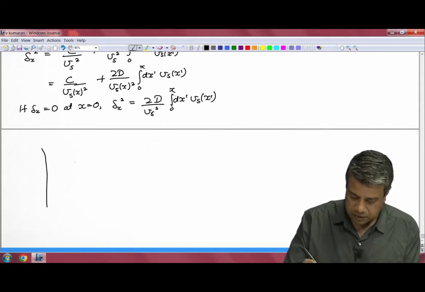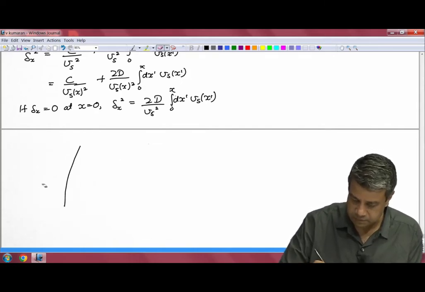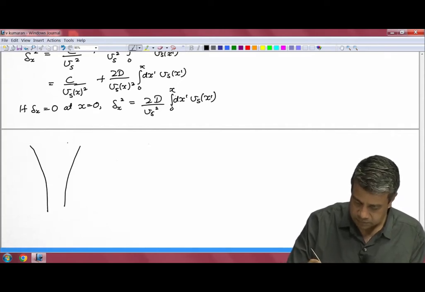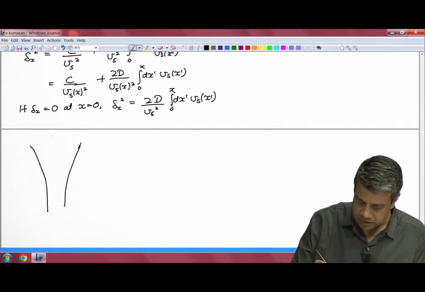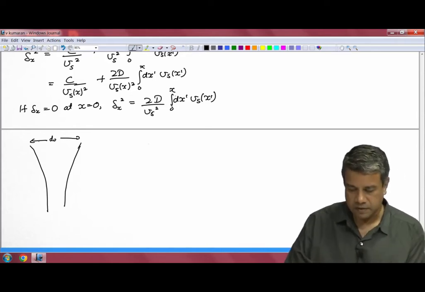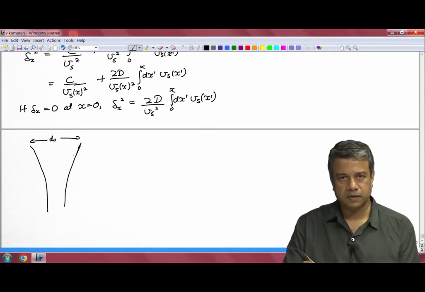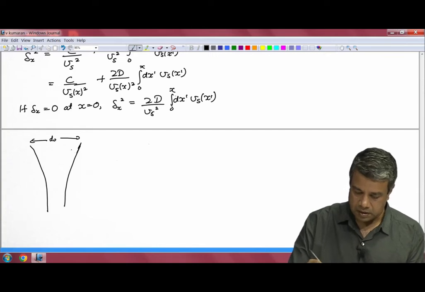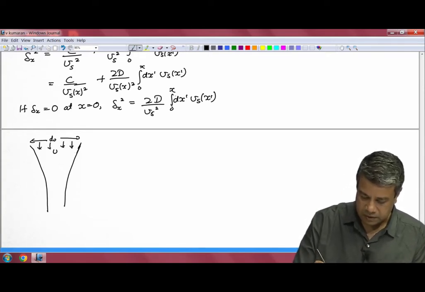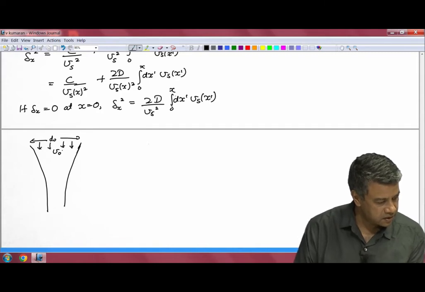You have a filament in extensional flow. At the start of the filament, the diameter is d naught, and it is coming down with a velocity v naught.